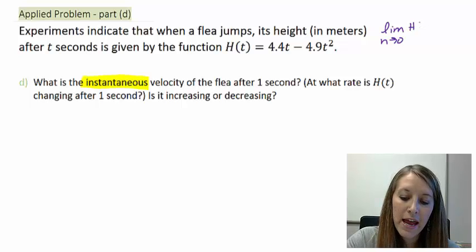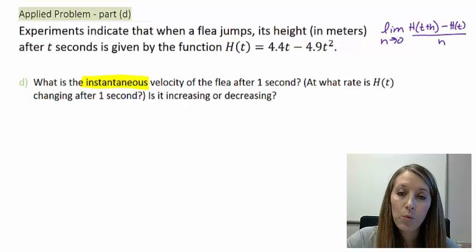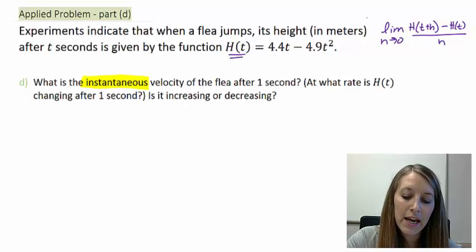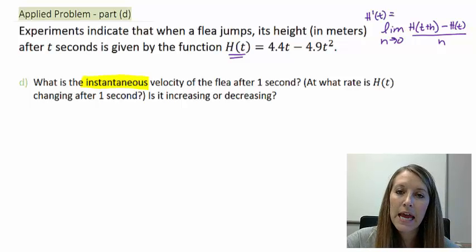Our function here is h of t, so we use t plus h minus h of t all over h. And since our function is h of t, the derivative notation that we should use is h prime of t.